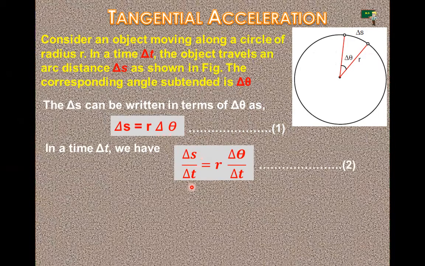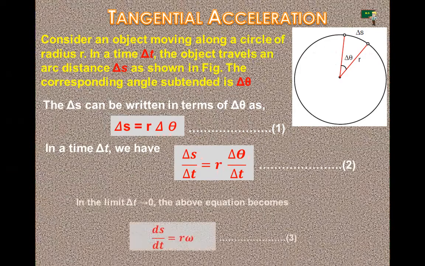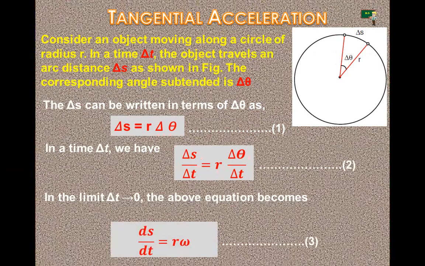So the velocity is r into del theta by del t, which is termed as equation number 2. Since the limit del t tends to 0, the above equation becomes ds by dt is equal to r omega. Here we put del theta by del t as omega, which is equation number 3.